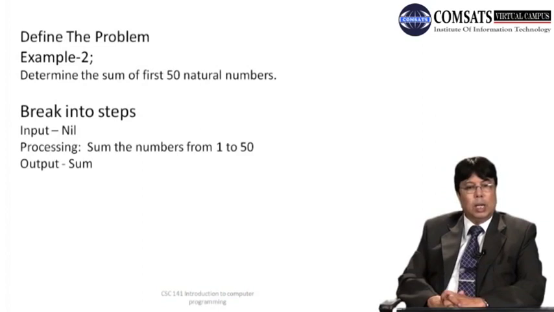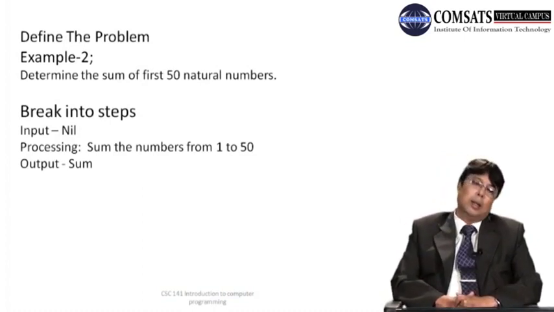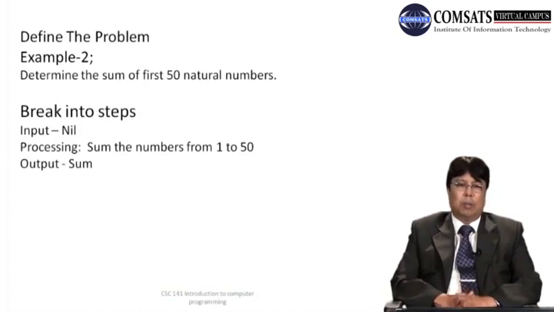Example number 2. Determine the sum of first 50 natural numbers. Natural numbers from 1 to n. So we want to know what is the sum of n natural numbers, and the n here we defined equal to 50.